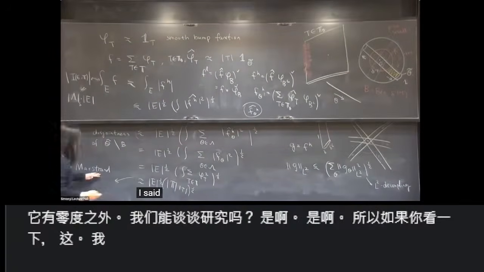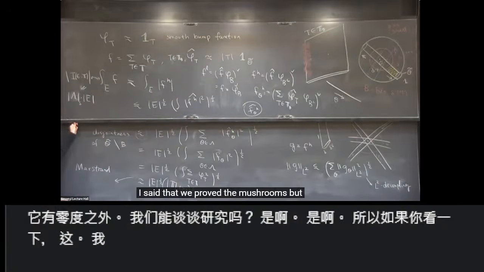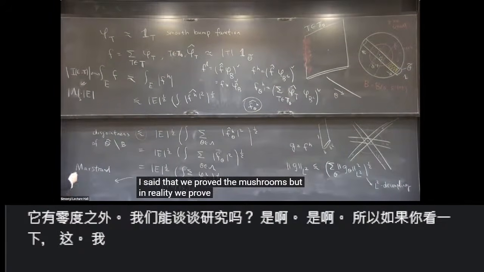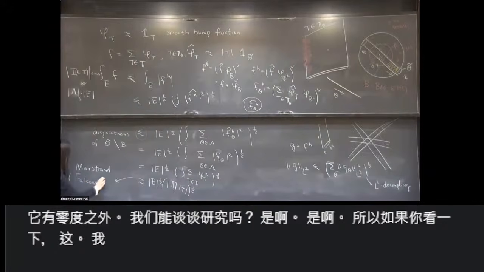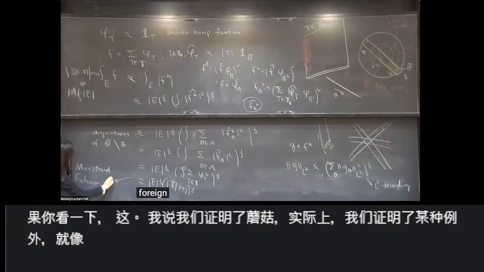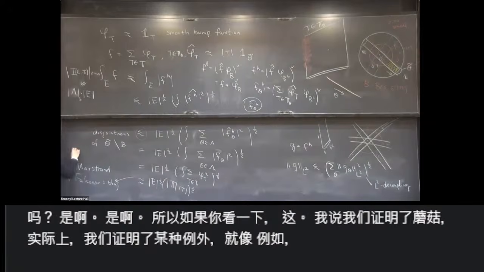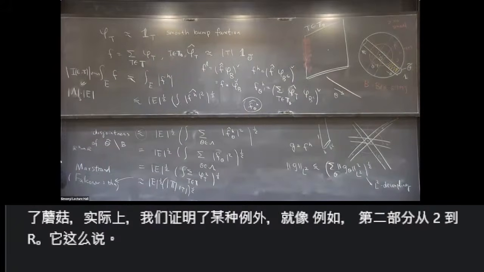Here I said that we proved the Marstrand inequality, but in reality we proved some kind of exceptional set estimate, like Falconer's exceptional set estimate. So, for example, if we map from R2 to R, it recovers Falconer's theorem.